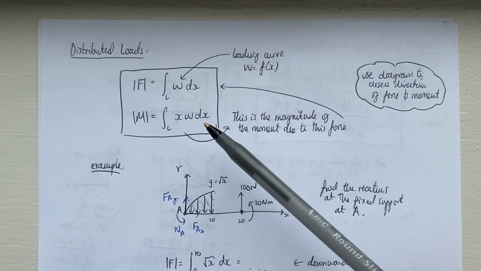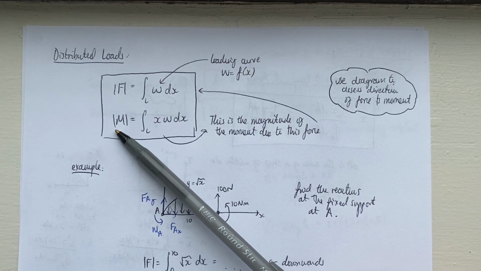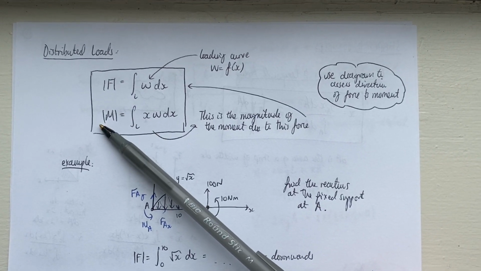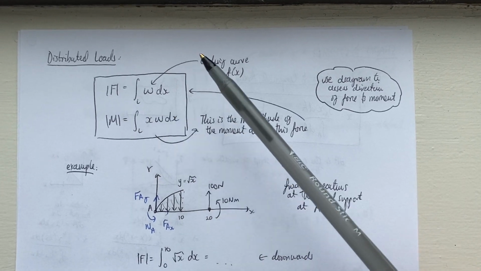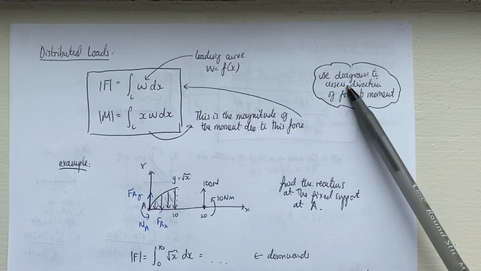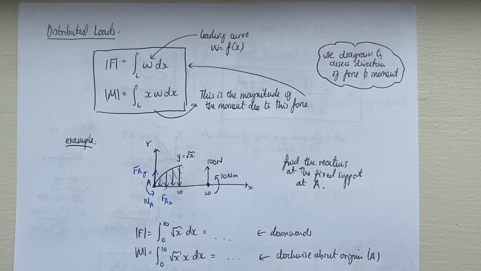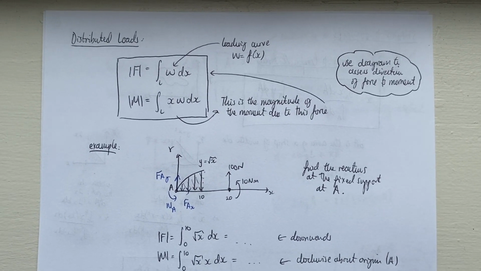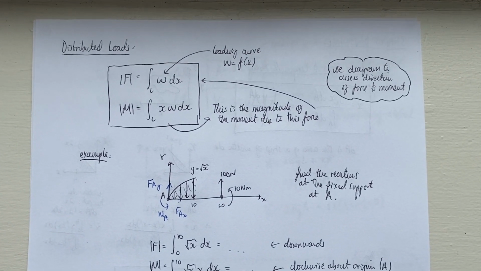The one thing to remember about these formulae is that they are magnitudes. We don't have directions here, right? These will always be positive. So we need to look at the original diagram to assess the direction of the force and the moment. You'll remember that example that we did, I think it was in the homework, about the distributed load that profiled the lift on a wing.